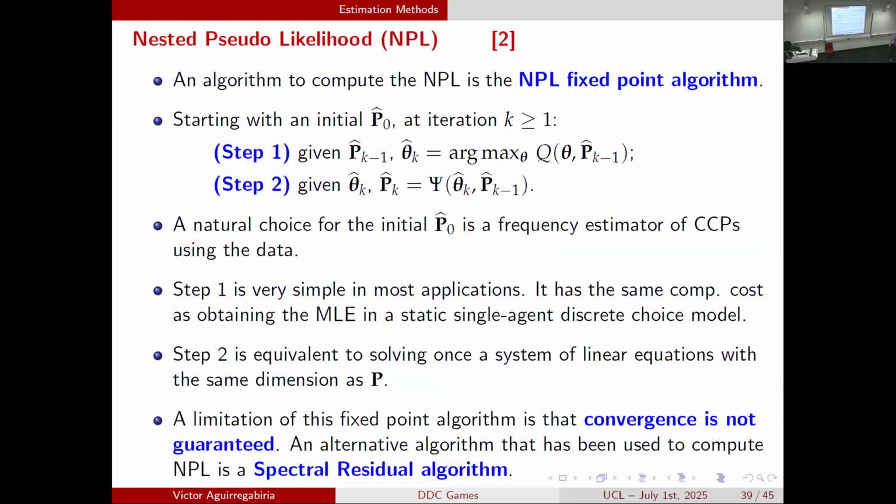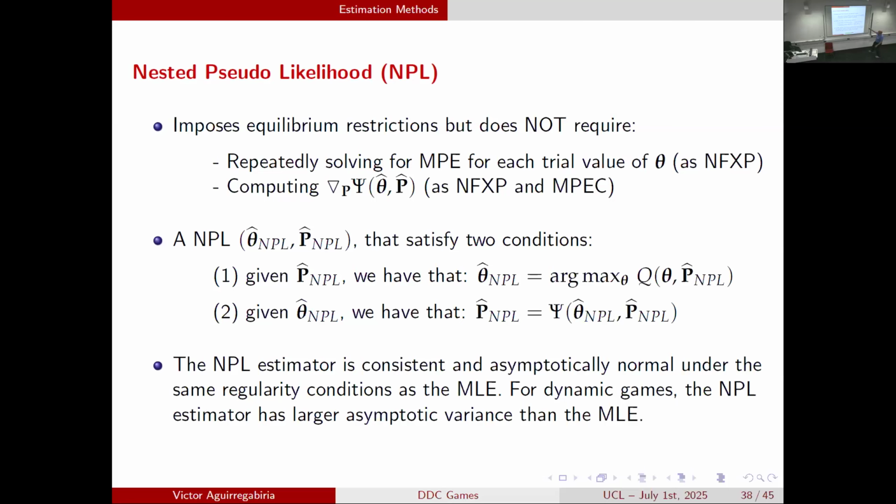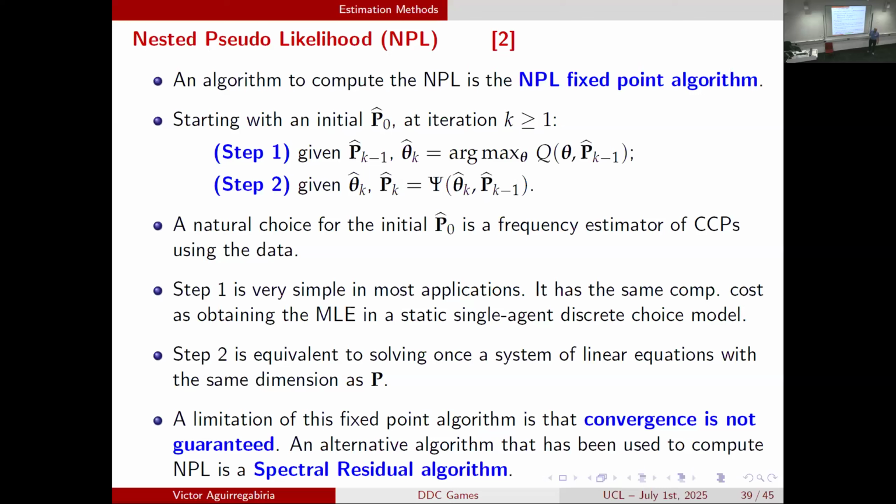This is the algorithm that we proposed in the 2007 paper. The definition of the MPL estimator is this, and this is a particular algorithm to obtain the MPL estimate. It iterates: given P, obtain theta, and given theta, apply this valuation to obtain a new vector of choice probabilities. And we do this until we get convergence.